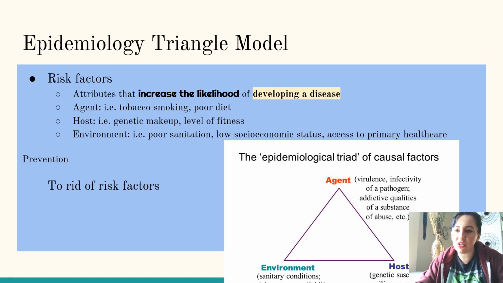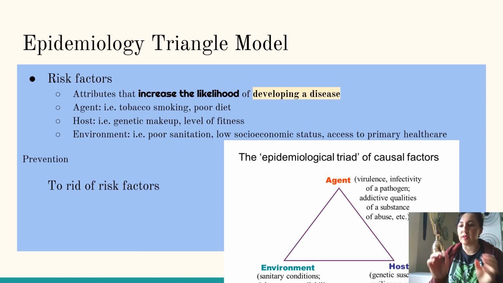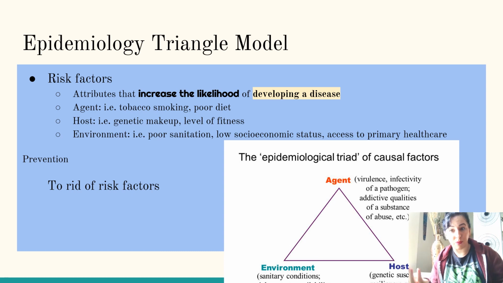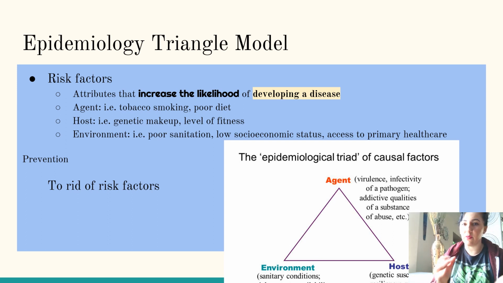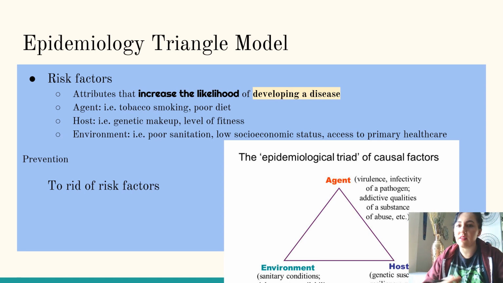So first of all, the agent, that would be like the pathogen, or it could be just like little fragments or just something that's making you sick. Could be a virus, like what we're dealing with right now. It could be anything else, but it's like that one thing that is making you ill.